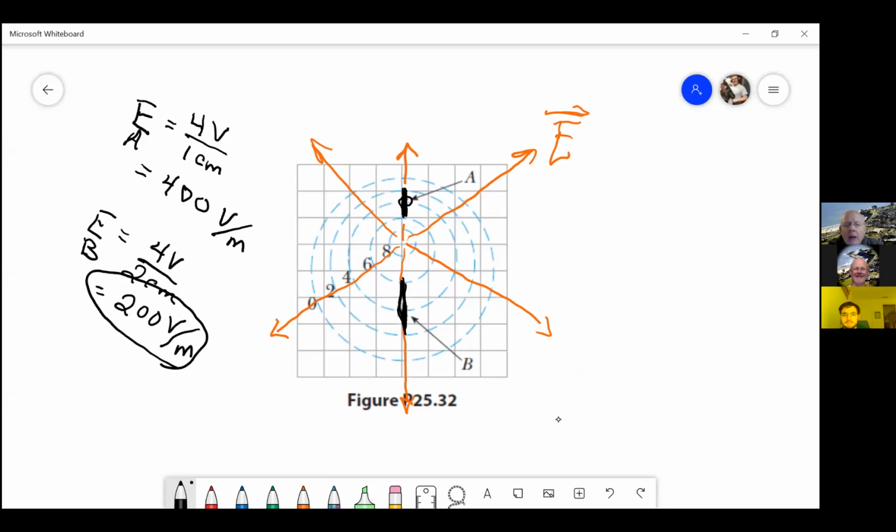So this could be a map of the equipotentials for gravity, you know, the contours of the same altitude for gravity. And it's the same that you're learning in your math class. The closer they are together, the bigger the gradient is.